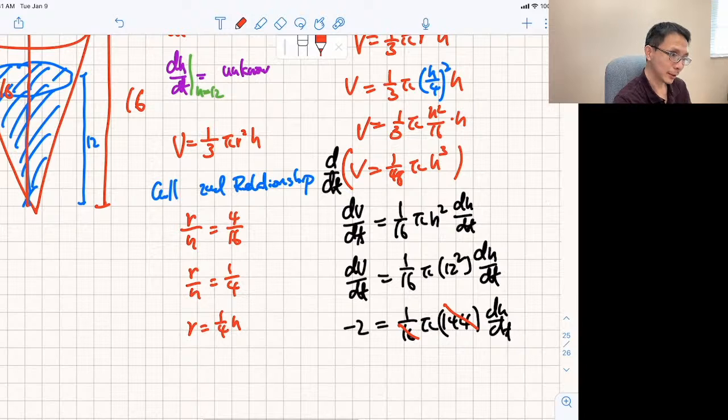Nicholas? Good job, 9. Because 16 times 10 is equal to 160. If you subtract 16, it's 144, so it's 9. So negative 2 over 9 pi is equal to dh/dt.